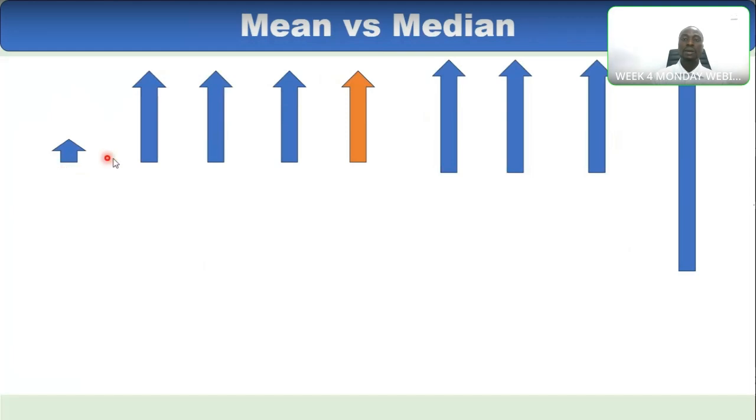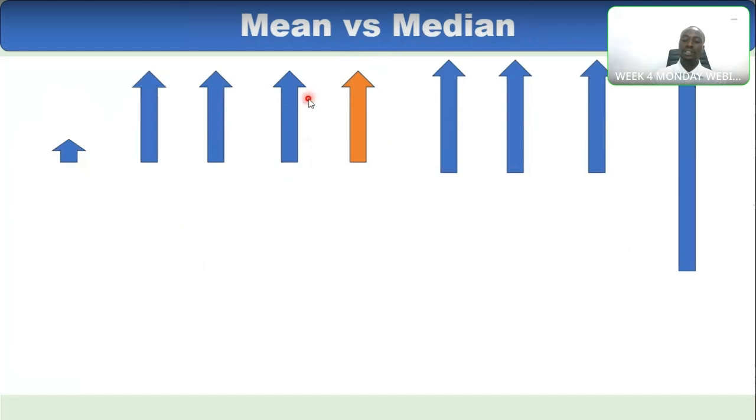So if we remove this and remove this, in terms of the mean, this guy will represent well. But if we put all of them together, if we use this guy as a median, you see that these ones are not impacting it.